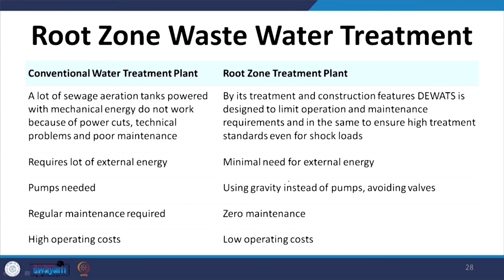If we compare the conventional water treatment plant with the root zone treatment plant, we see that there is minimal need for external energy with a root zone treatment plant, and instead of using pumps, it is usually designed in such a manner that with the use of gravity the rate of flow is maintained. There is very low operating cost, there is zero maintenance if a sufficient amount of flow is maintained.